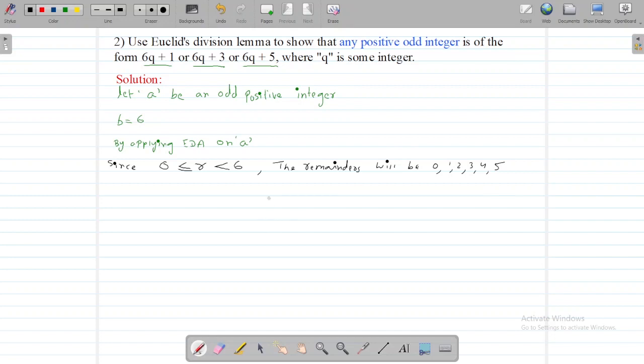So these are our remainders. Now we will substitute these values in the equation.